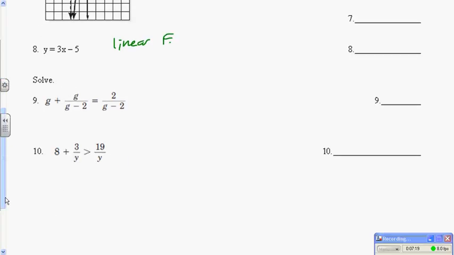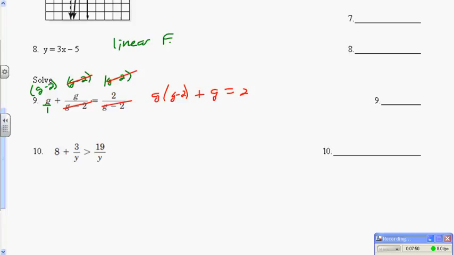Next one, we have to find the common denominator, which in this case is g minus 2. This is over 1. I just try and go too fast here because I got to get within 10 minutes, and that's why I make mistakes. So the first one, nothing cancels, so you have g times g minus 2 plus g, because everything cancels, equals 2.